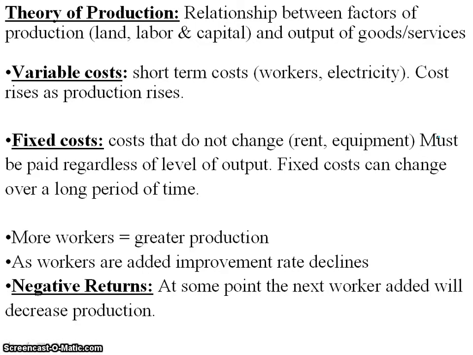Okay, so we break costs, I mean the money that you put into producing something, into two types: variable and fixed. And the good way to think about it is when the business is shut down and everybody goes home, let's say they all go on vacation and the business is still there, you're still having to pay money for stuff.